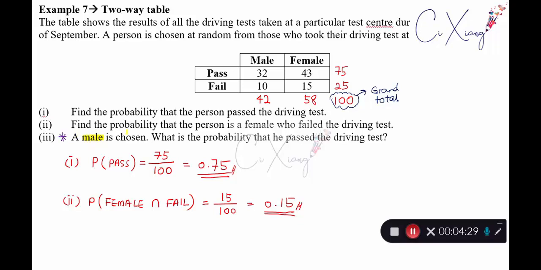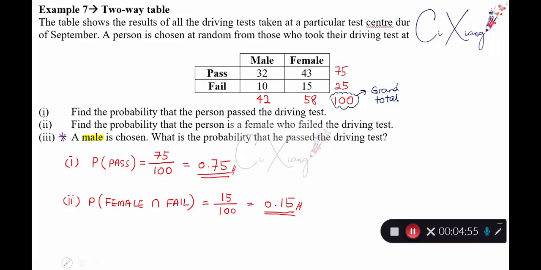The event that is already known, we usually write as a short sentence in front of the question. After that, they want you to find the probability that he passed the driving test. Knowing that the person chosen is a male means this is something that already happened before, and we want to find the probability that he passed the driving test.